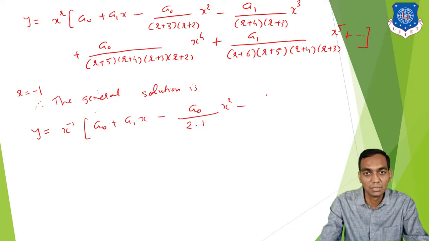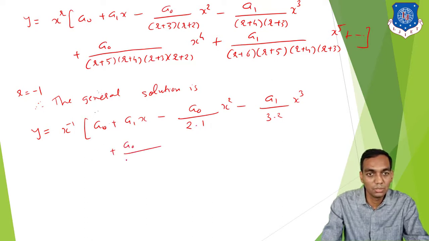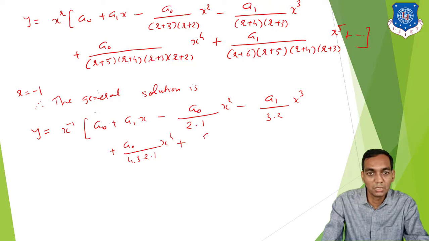Same manner here, a1 upon 3 into 2 x^3. Same manner here, a0 upon 4 into 3 into 2 into 1 x^4, plus a1 upon 5 into 4 into 3 into 2 x^5 and so on].